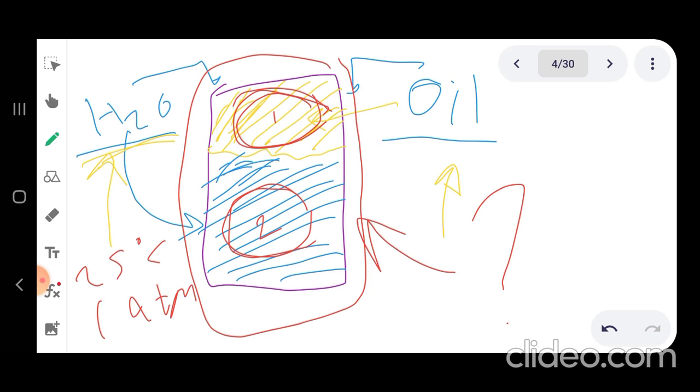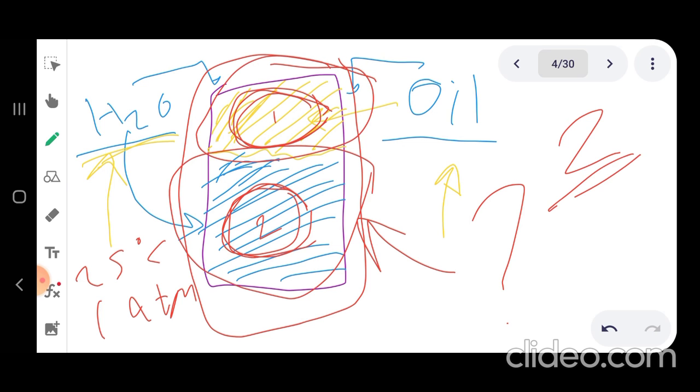Here we have a different composition, which is mainly oil, and there we have a different composition, which is mainly water. So we can consider each of these as one phase. In other words, in this system we have two phases: one phase that contains mainly oil, and another phase that contains mainly water.